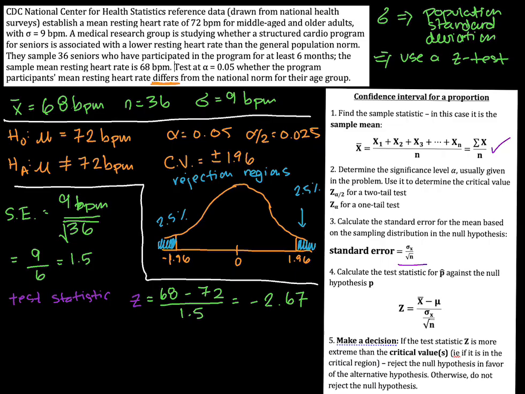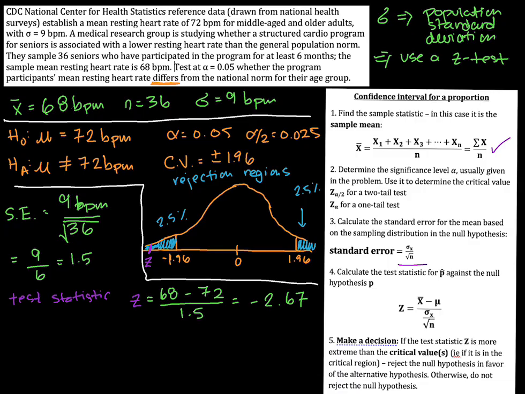So if I extend my image here, this test statistic is more extreme than, it's going to be somewhere out here, more negative. So this is the z for the test statistic, somewhere out here, more negative than negative 1.96.